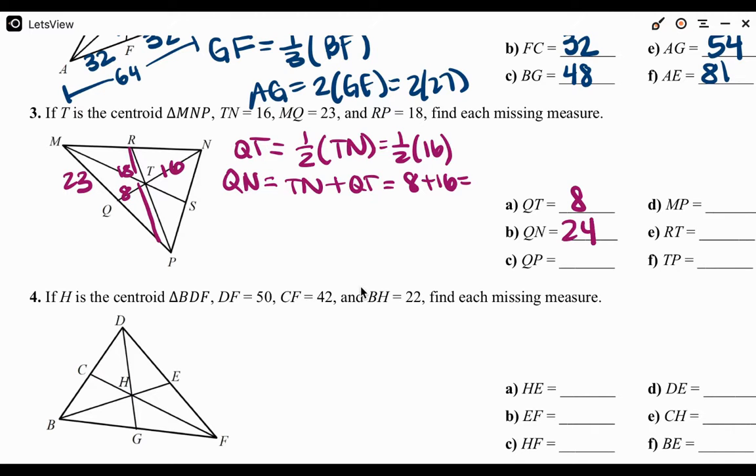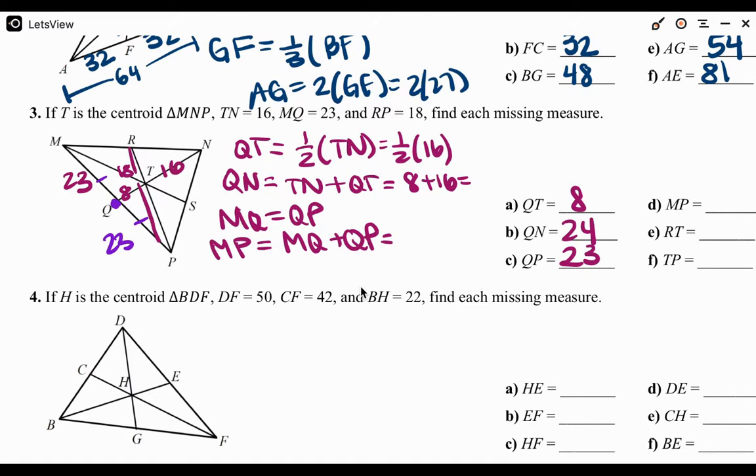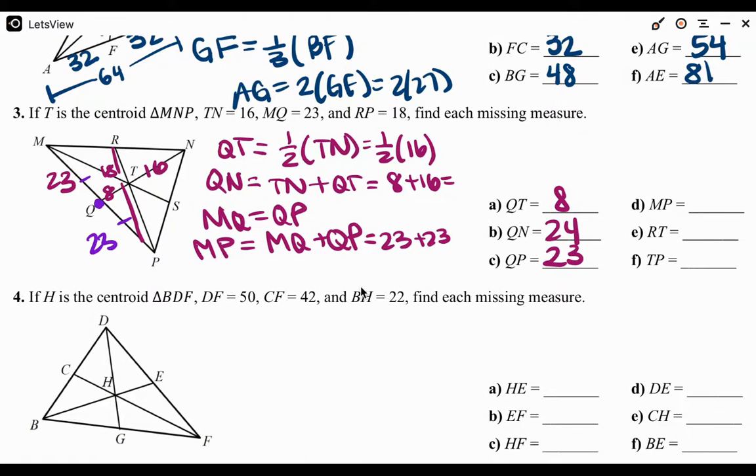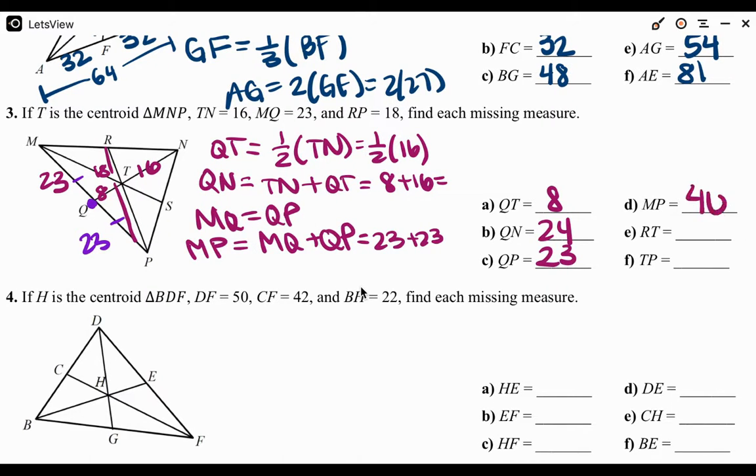QP, so remember this Q is our midpoint, so these segments are equal, so this is 23. MP, so MQ is equal to QP, and we know MP is equal to MQ plus QP, so 23 plus 23 gives us 46.